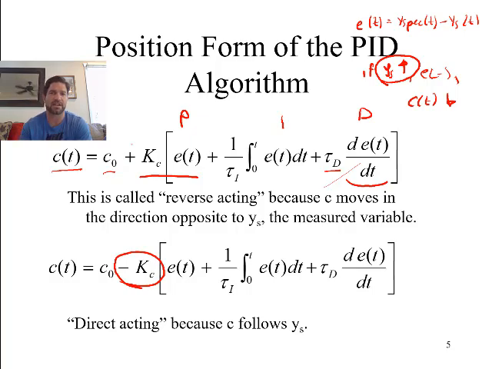We're telling the process to go up or down. This is going to be important because if we have a process where we increase the flow to the actuator and the process variable decreases, that's going to be very different than a process where we increase the flow to the actuator and the control variable actually increases, right? In either of those cases, we're going to have the controller work one way versus another way.